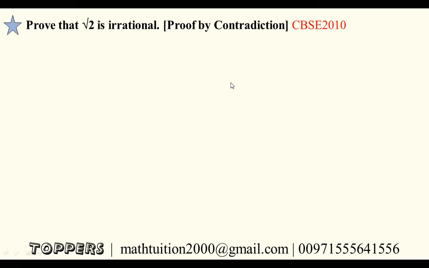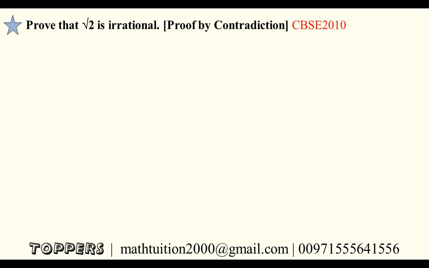Actually, we are proving root 2 is irrational by the method of contradiction, proof by contradiction. What is proof by contradiction? We know root 2 is an irrational number, so we will assume the opposite of that. We will assume that root 2 is rational, and we will do a step-by-step procedure and we will get a wrong statement.